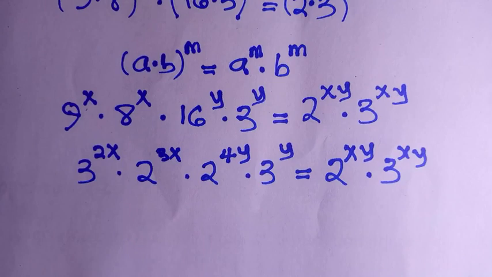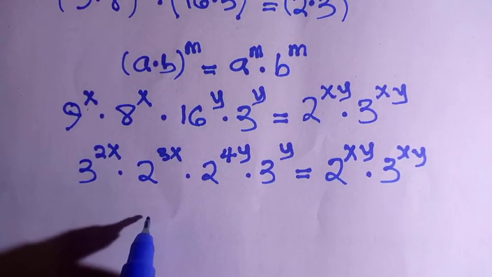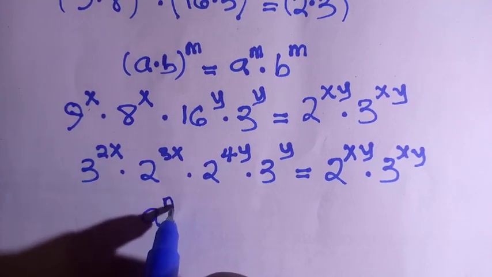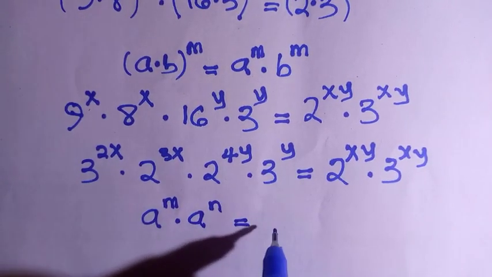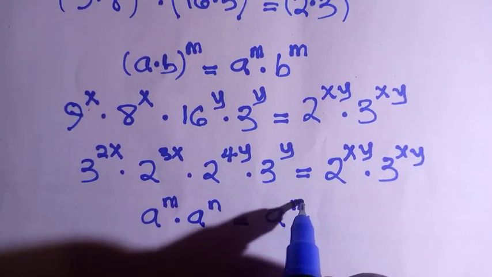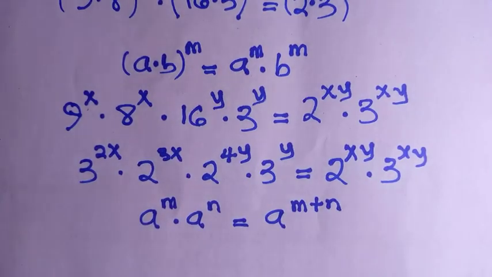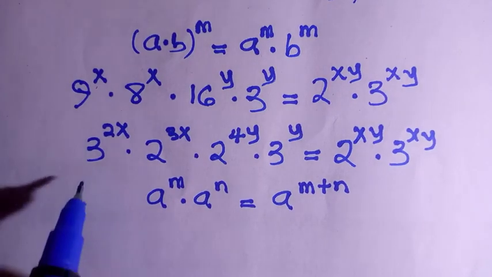And we have 3 as a base that is common at this side. So we consider this law again: a raised to the power m times a raised to the power n equals a raised to the power of m plus n. So the same base, different power.